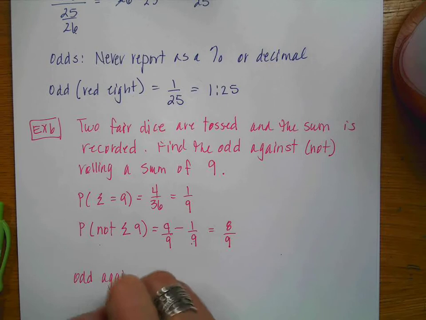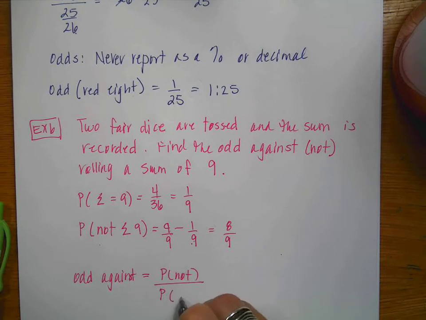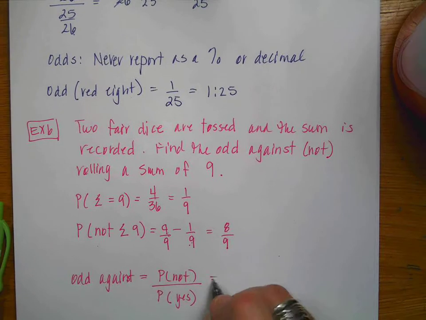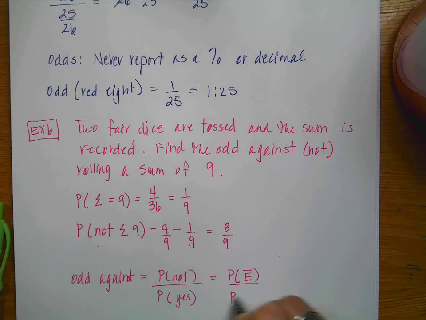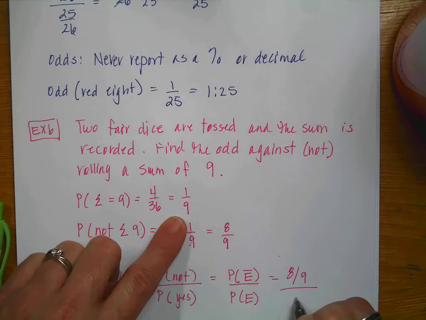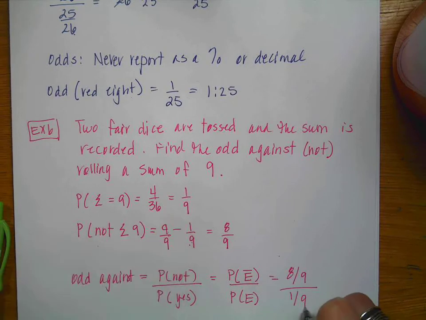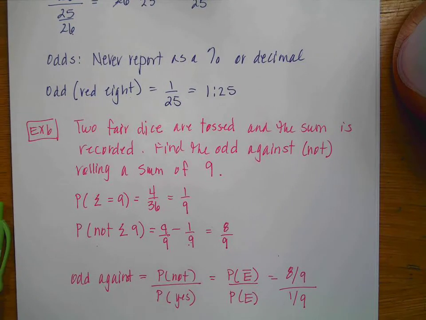So remember that the odds against are going to be the probability of not divided by the probability of yes. Okay? So, if we wanted to write it officially, it's the probability of E bar divided by the probability of E. My not probability was 8 over 9. My good probability was 1 over 9.